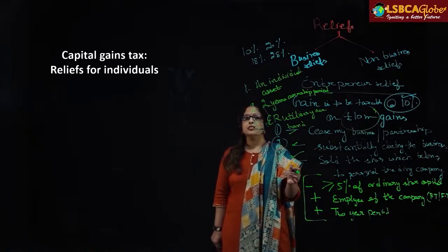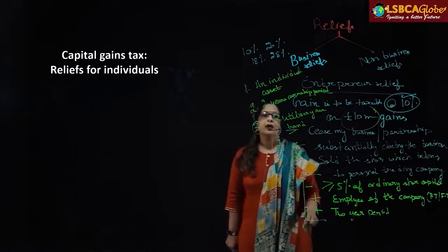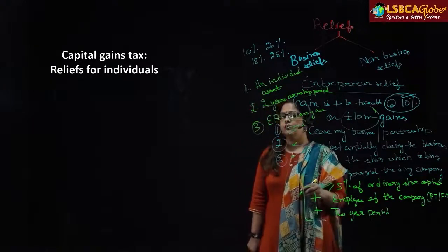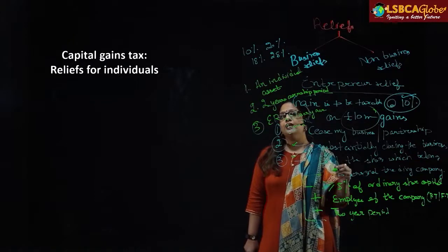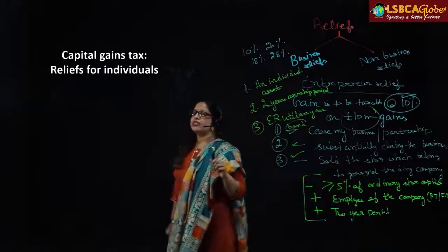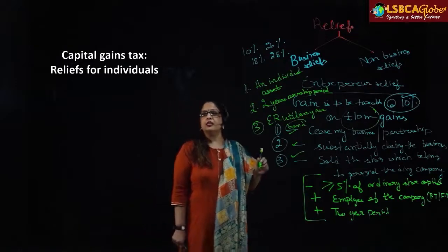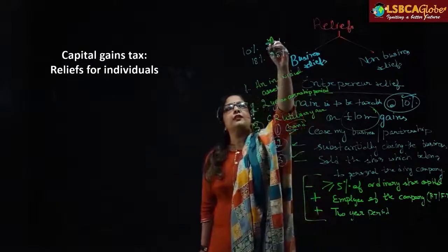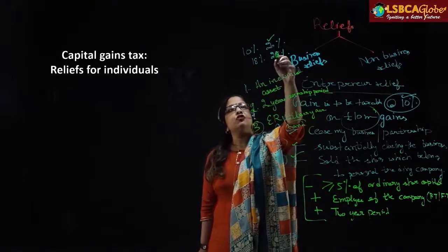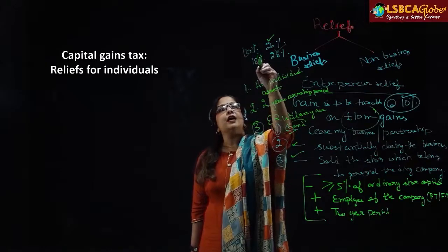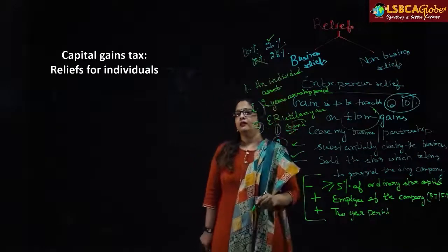But if my band is left and the ER gains are there, ER will utilize that band. So in the question, if the ER gains are there and the other gains are there, then the other gains are going to be taxable at 20%.